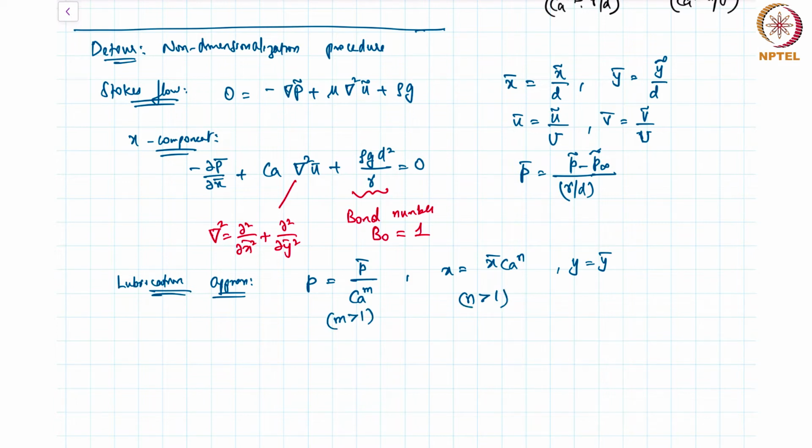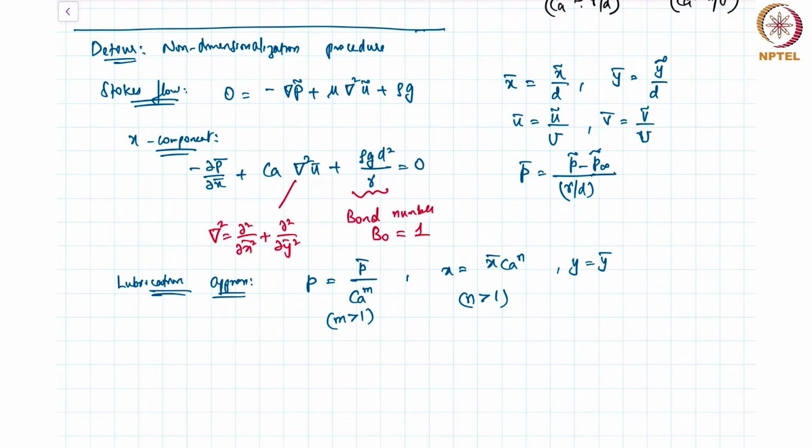Okay, so the idea is that x is very, very large compared to y, but in the non-dimensional variables, we have x and y, and we want them to be of comparable size.